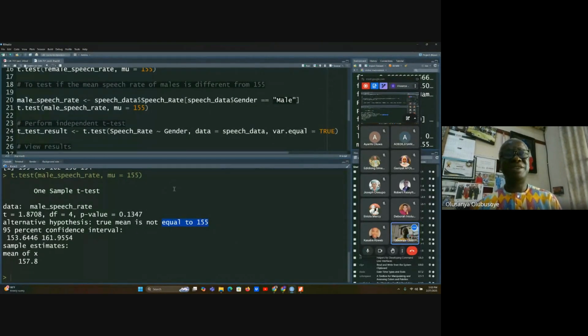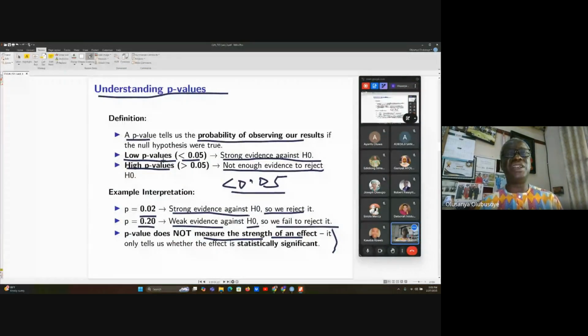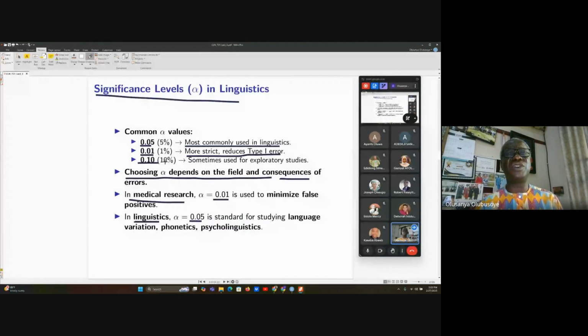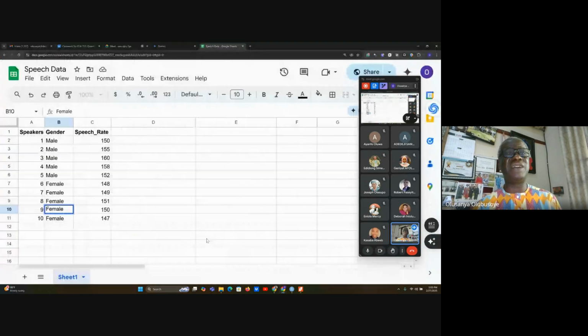Now, that's when we are doing a one sample test. Before we go, just a few more minutes, we also talk about two sample tests. In two sample tests, we are comparing two independent groups. In our data, we have two groups, the male and the female group.